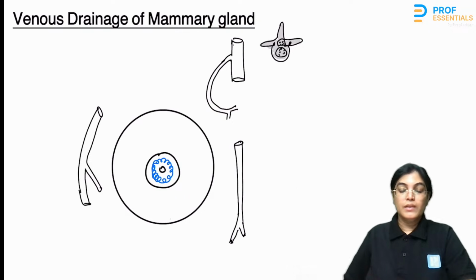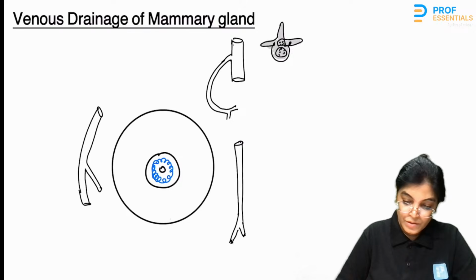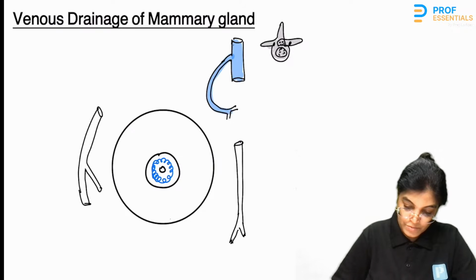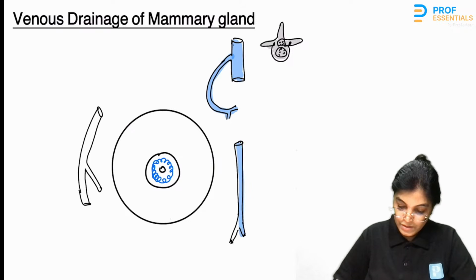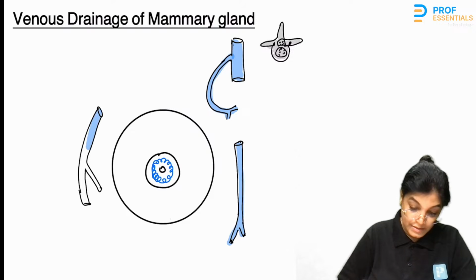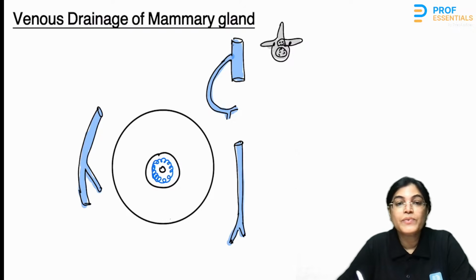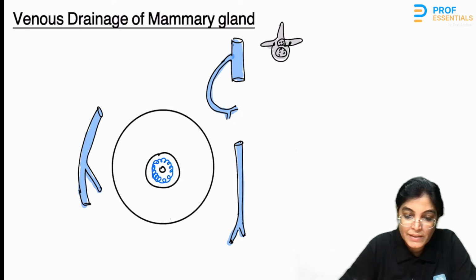Okay. So let's use blue color for the veins. So this is the axillary vein. This will be the posterior intercostal vein. This will be the internal thoracic vein. This will be the azygous vein, and so basically we will label it now.